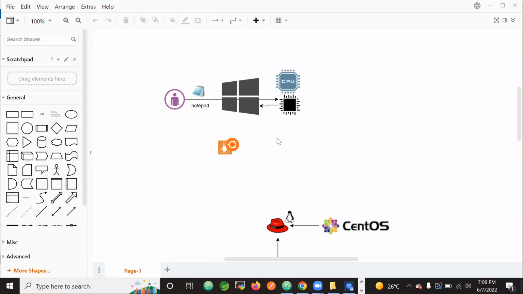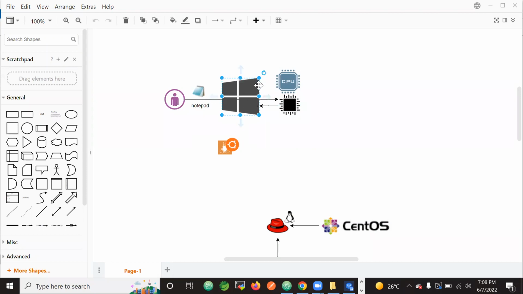So there should be some interface which will take the inputs, use the hardware resources, and manage the devices, programs, and everything on the computer. Such an interface is called what? Operating system.